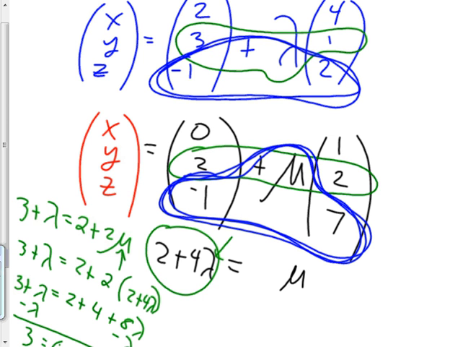Because this equation would be negative 1 plus 7 lambda equals negative 1 plus 7 mu. That's not a 7, it's a 1. There we go. But when you substitute in the values that I just gave you a second ago, it doesn't actually work.